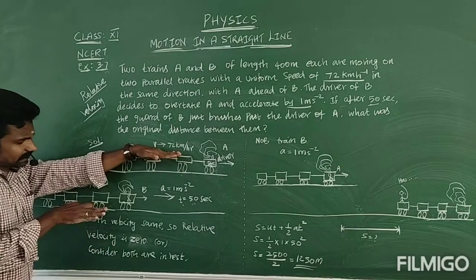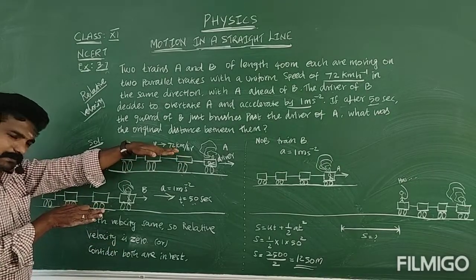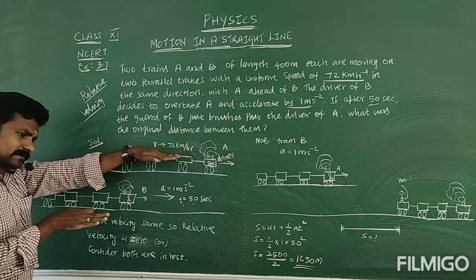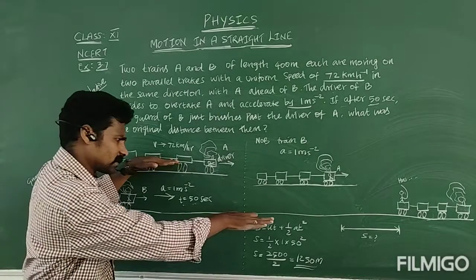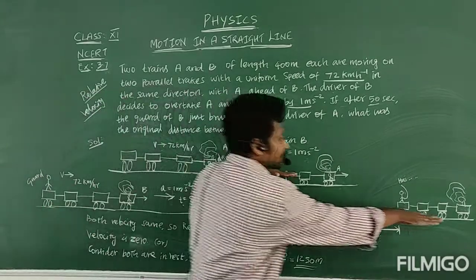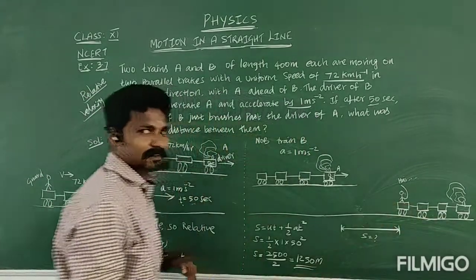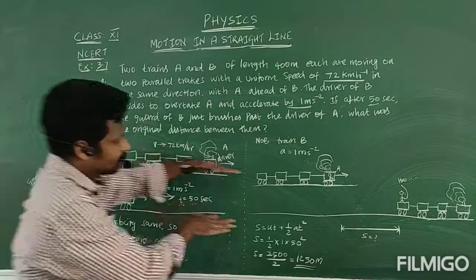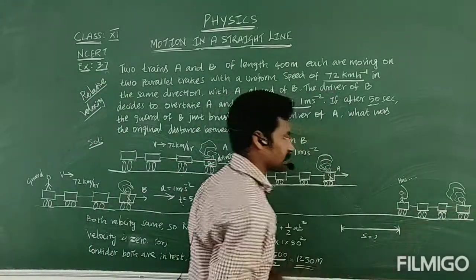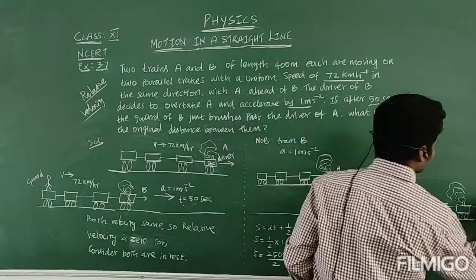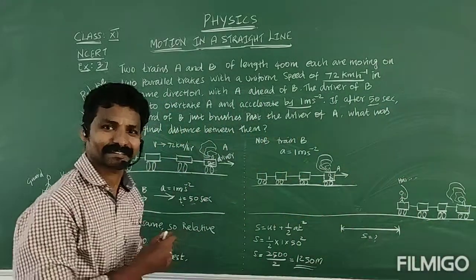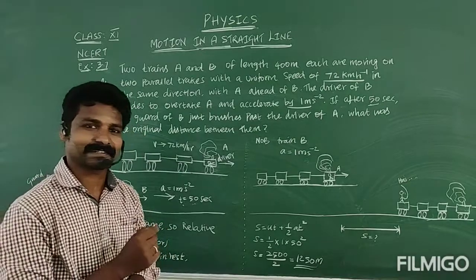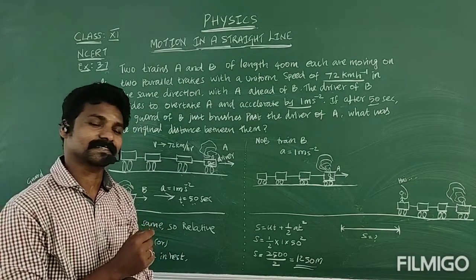If he accelerates 1 meter per second square for 50 seconds, it will overtake A. So this situation occurs. This is A train, now this is the B train. The B train has overtaken the A train.